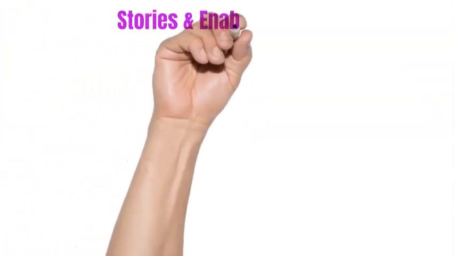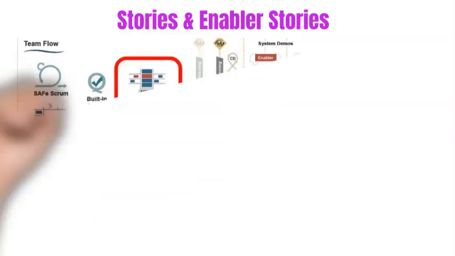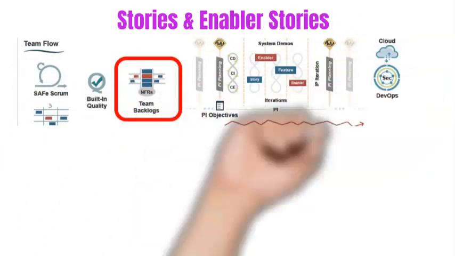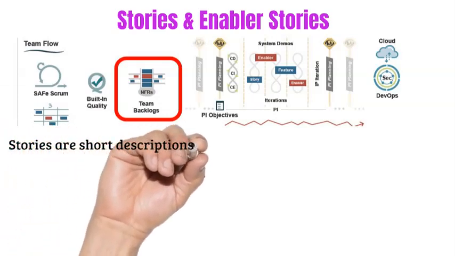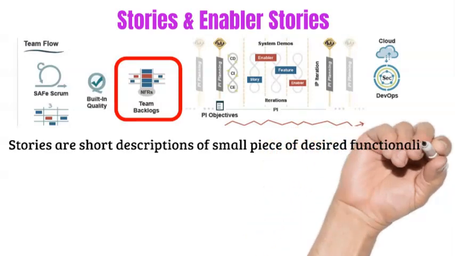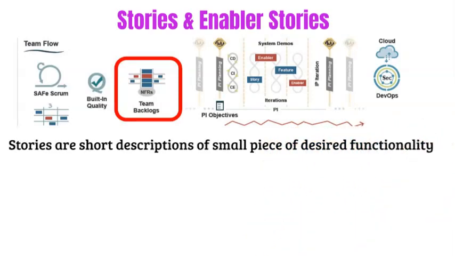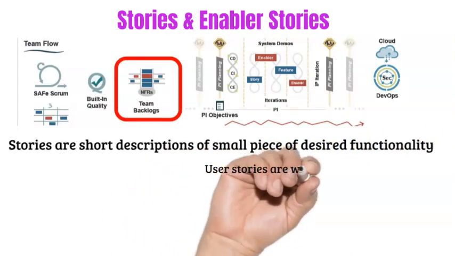And then come stories. Stories and enabler stories all go into team backlogs. In addition to stories and enabler stories, you may have defects, bugs, and everything else going into the team backlog. Stories are short descriptions of a small piece of desired functionality.